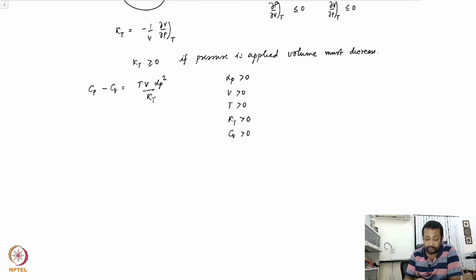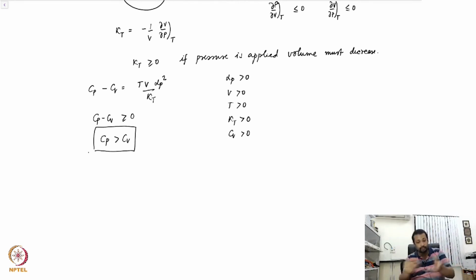This means that Cp minus Cv is greater than or equal to 0, and therefore it follows that Cp is greater than Cv. So with the stability criteria that we have, minimizing the energy, you will get the same identical results if you had used the entropy maximization principle.